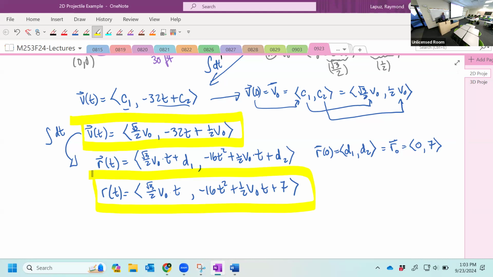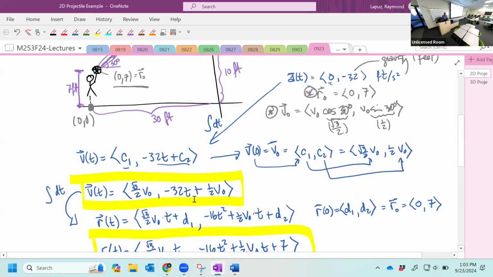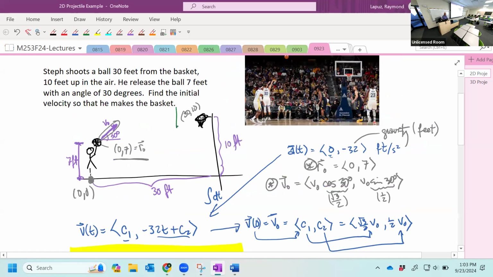We should know if it actually goes into the basket. So to answer the question that's being posed, does he make the basket? Or not does he make the basket, but what should the v naught be equal to so that he makes the basket? So we will note that the basket is here at 30, 10.